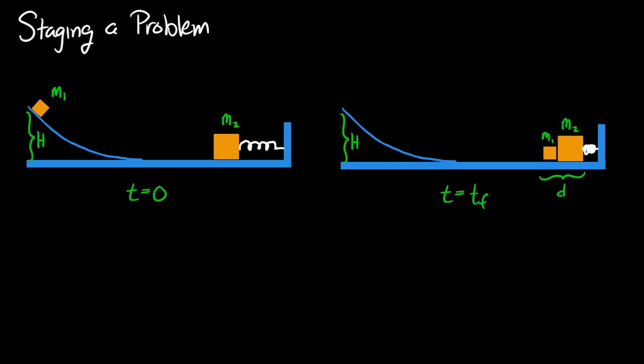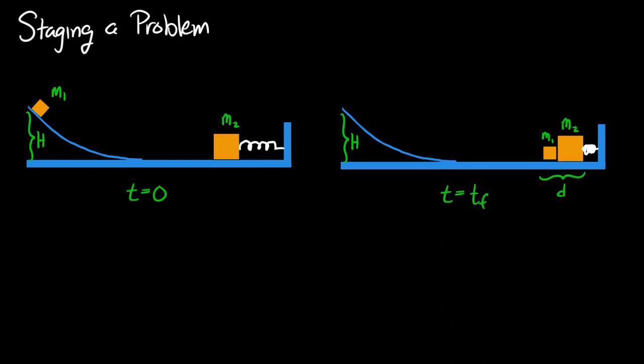So initially the block is at the top of some ramp, and at the end there's this instantaneous moment where the blocks have come to rest. Everybody understand? Can you picture in your head kind of what happened here?